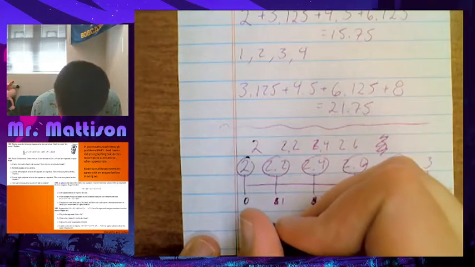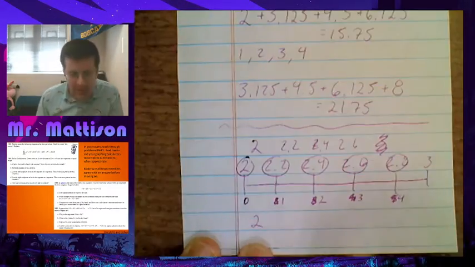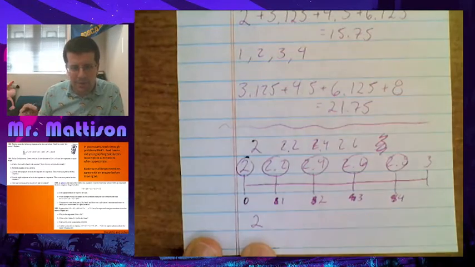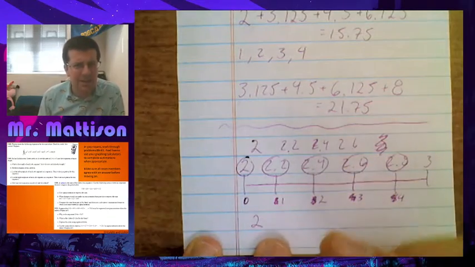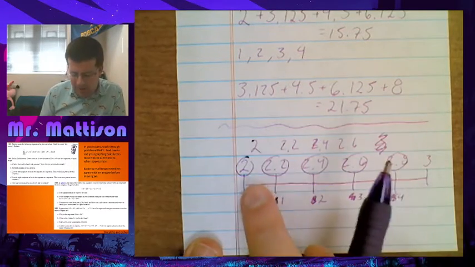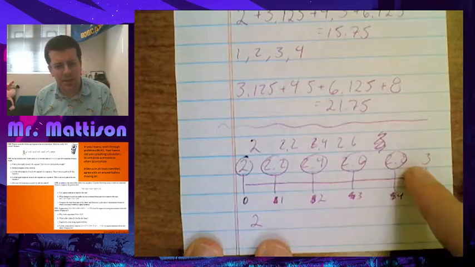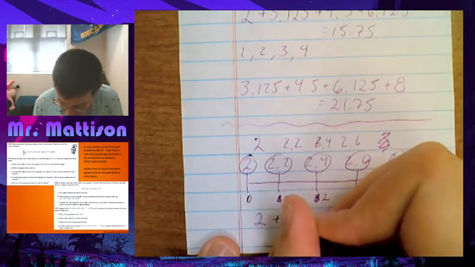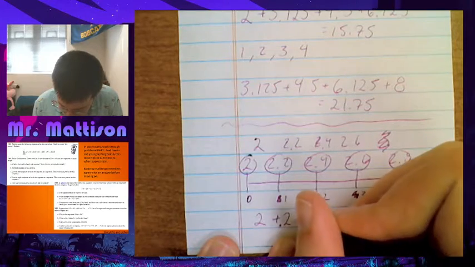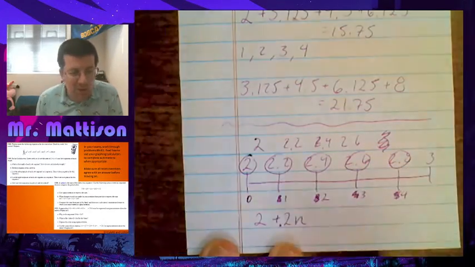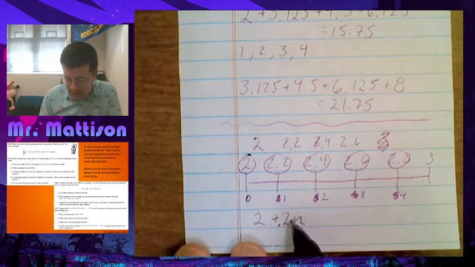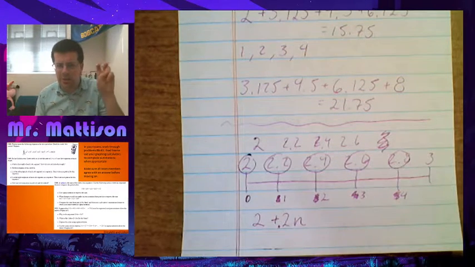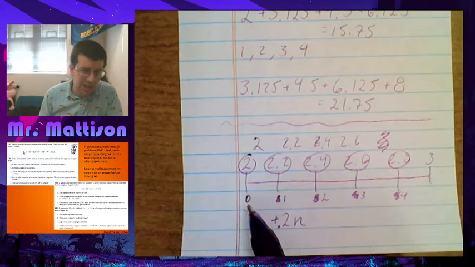So I need to start at 2. That's my initial starting point, but then I'm also increasing by 0.2 each time. Well, that's like a rate of change, right? I'm increasing by 0.2 each change. That's basically a slope. So I can say plus 0.2n, with n as opposed to x. But really, here's a slope, here's my x, here's my y-intercept, or my initial point, which is why the 0 helps.